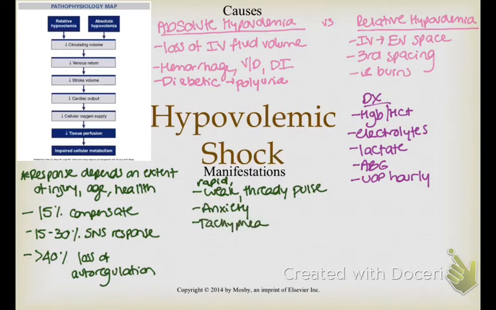They increase their respiratory rate. Again, cardiac output's low, but not because the heart's not pumping it out. The cardiac output's low because there's a fluid volume deficit in general. Urine output's going to be low. They can be cool and clammy.